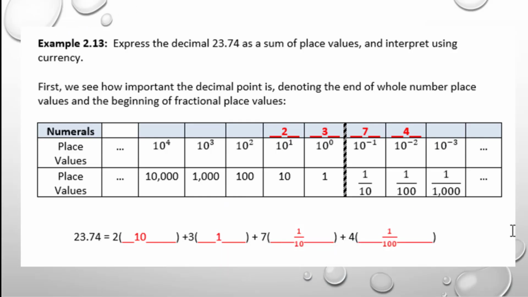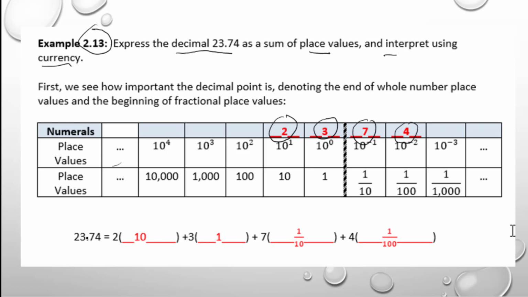So we're going to express the decimal 23.74 as a sum of place values. This is 2.13, so this is just in the reading. And interpret this sum of place values using currency. So I'm going to drop these in. 2 gets dropped into the tens place. 3 gets dropped into the ones place. Then there is the decimal. And then there's 7 of these and 4 of these.